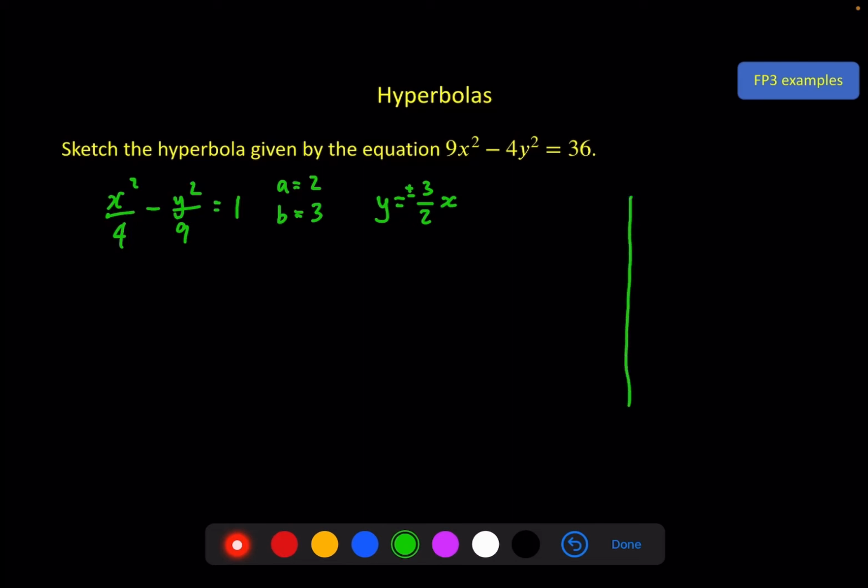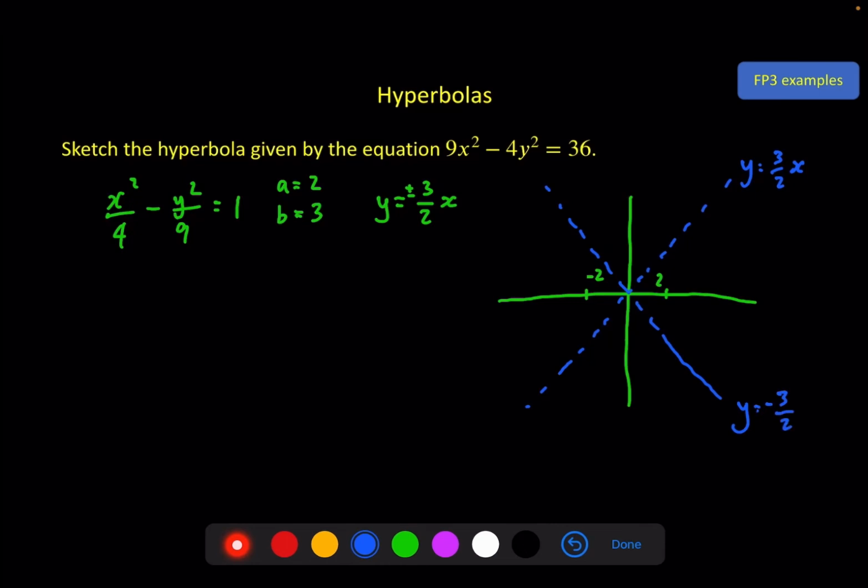So a sketch here, a is at 2 and minus 2. Then we've got our asymptotes a little bit steeper than 1, and a little bit steeper than minus 1. So here we've got 3 over 2x, and here we've got minus 3 over 2x.